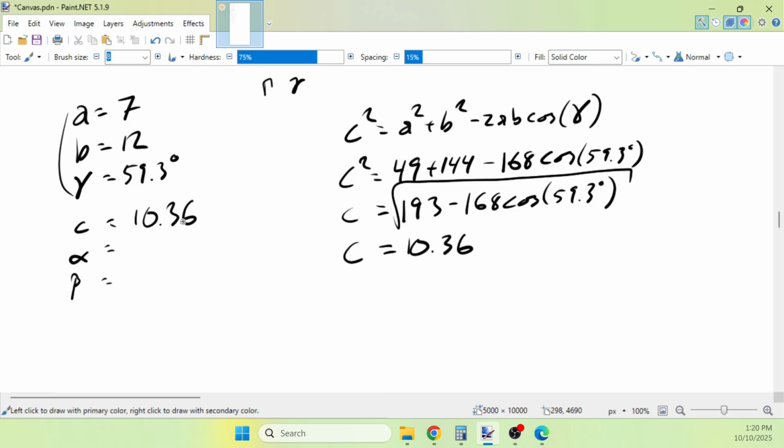And now that I know that, well, I know an angle and its opposite side, so I can use the law of sines to get the other one.